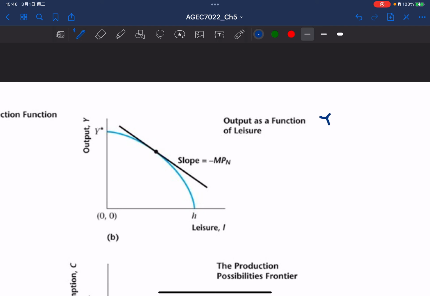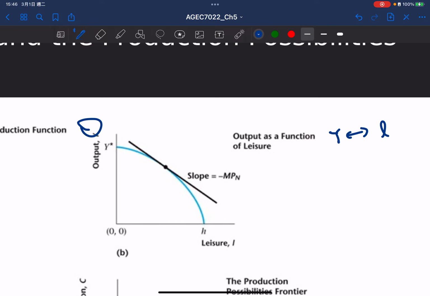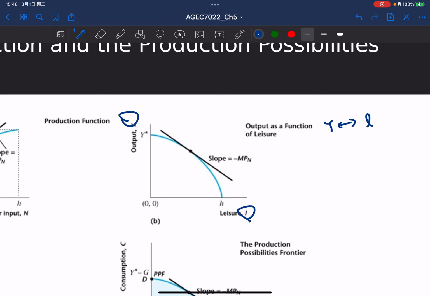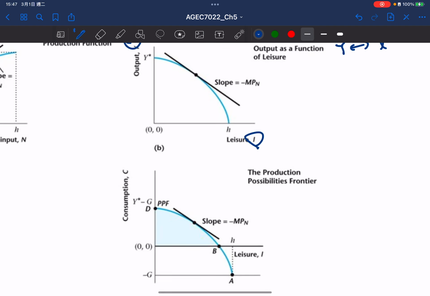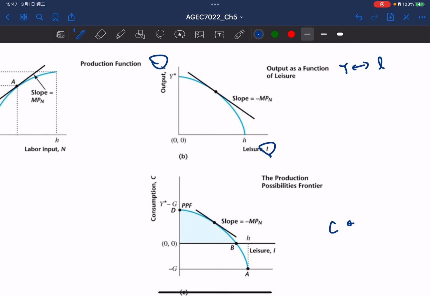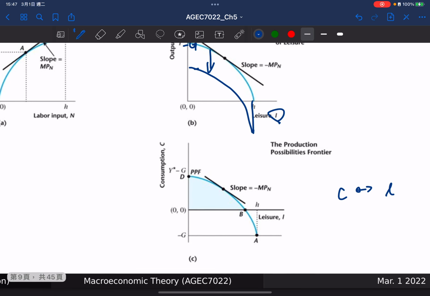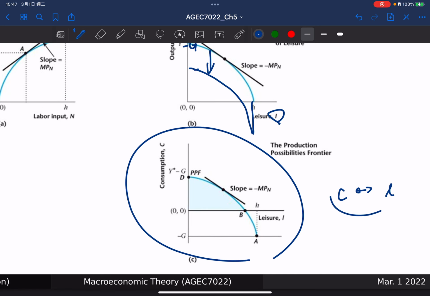That's the relationship between Y and leisure. So Y and leisure, that's this equation. Further, we can get the relationship between C and leisure. Basically, that's this thing minus G, and this whole thing is moving down parallelly by G. That gives you this. This is the relationship between C and L.